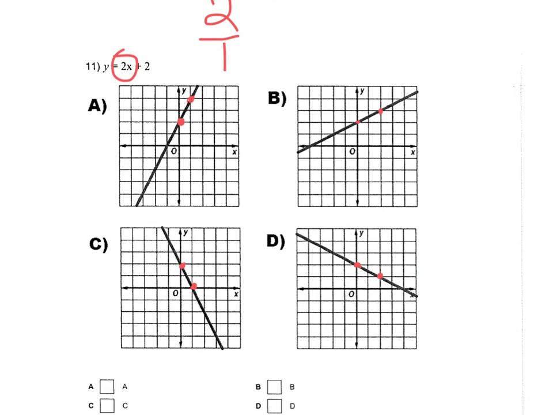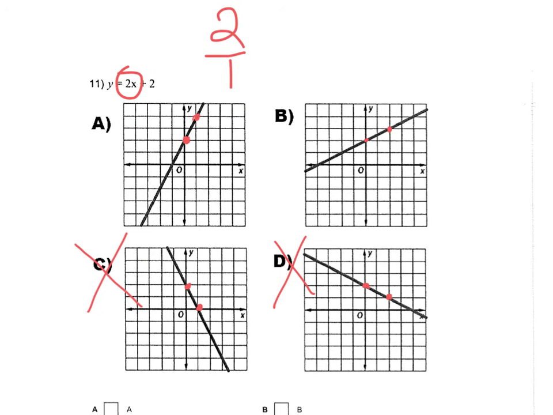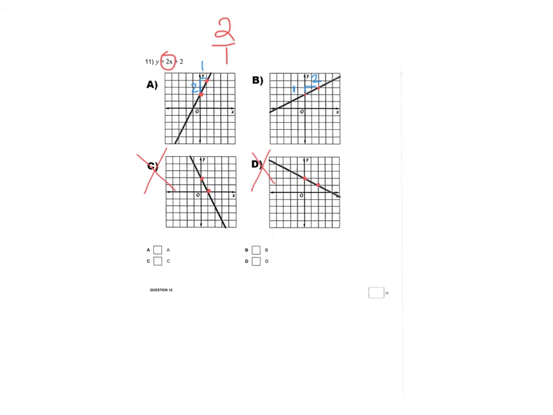And it's positive. So already we can eliminate C and D. So between A and B, A we rise, or our change in y is 2. Change in x is 1. B, my change of y, or my rise, is 1. Change of x, or my run, is 2.